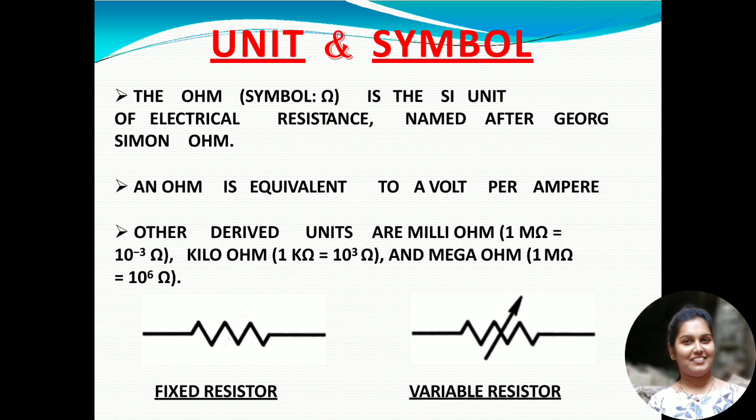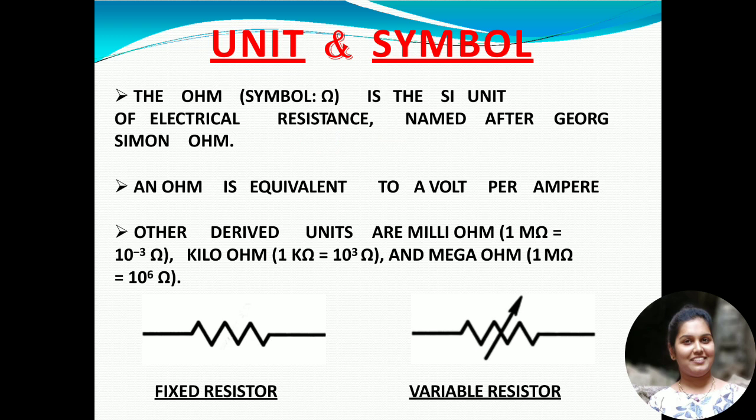For ease of calculation or notation, the other units we can write for ohms are milliohms. 1 milliohm is equal to 10 power minus 3 ohm.